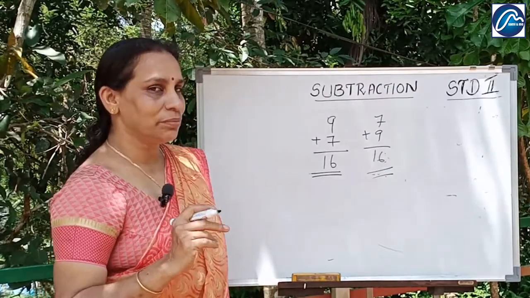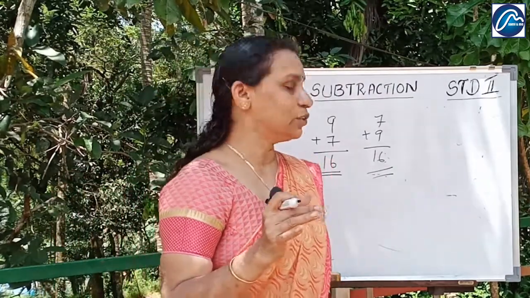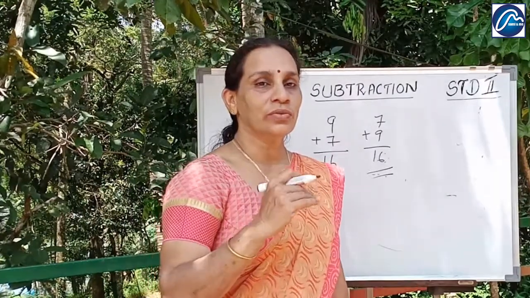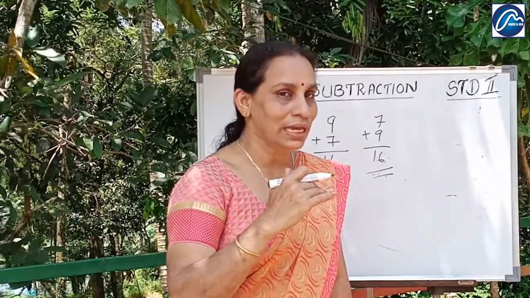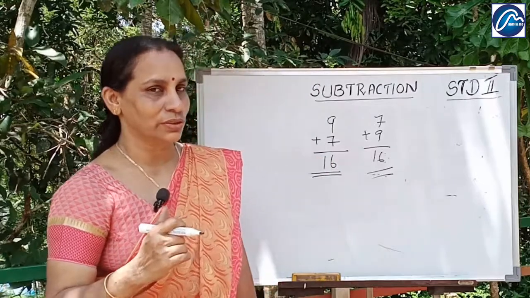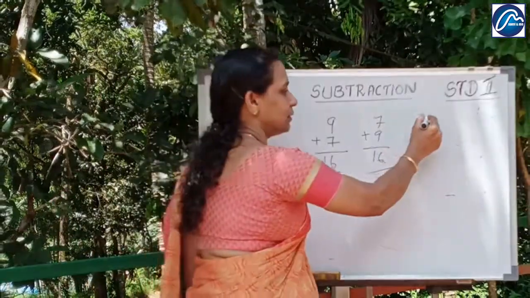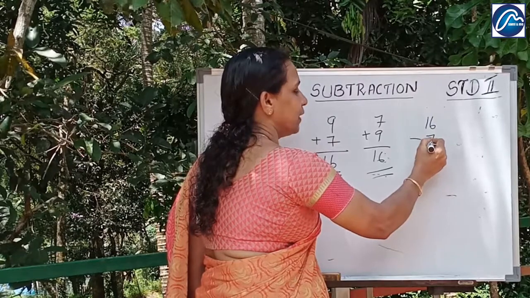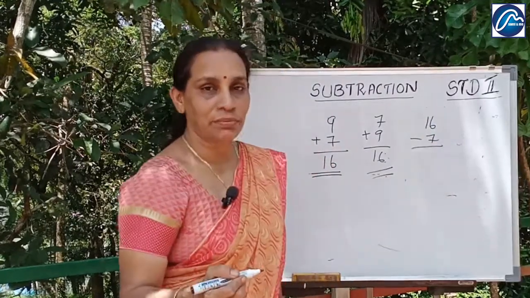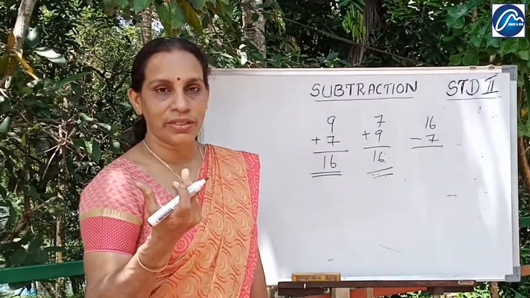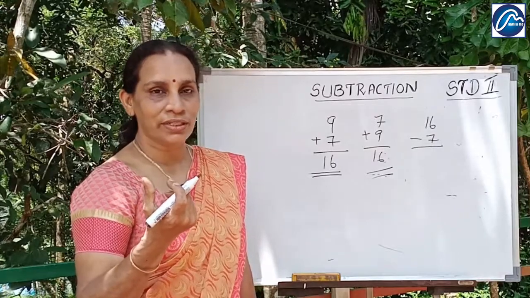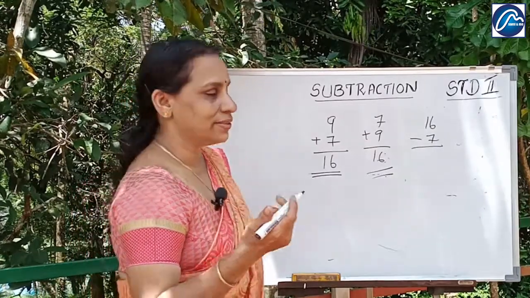Now there is a surprise for you, that you can use this in subtraction in another way. 16 minus 7. You can count and find out. 16 minus 7 is 9.